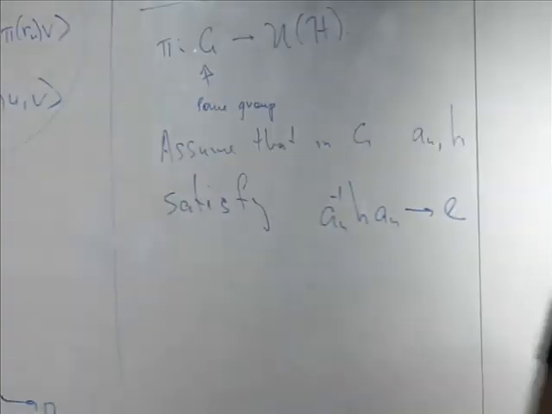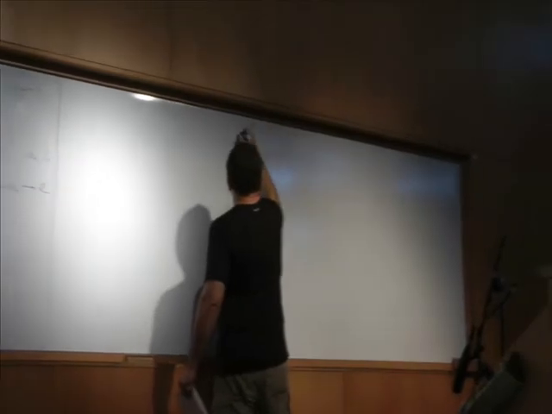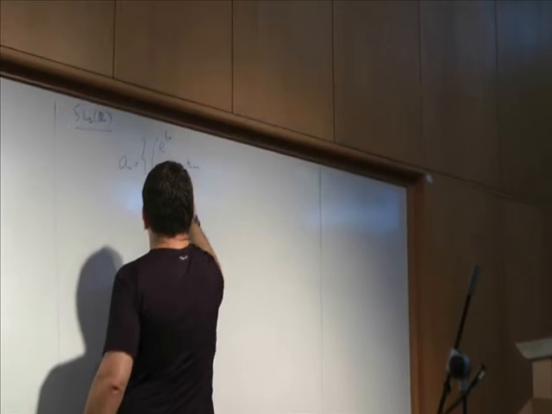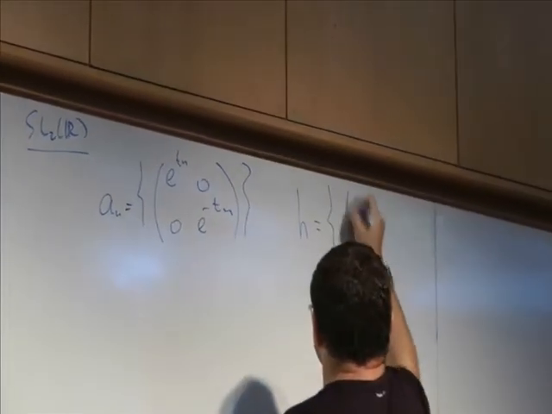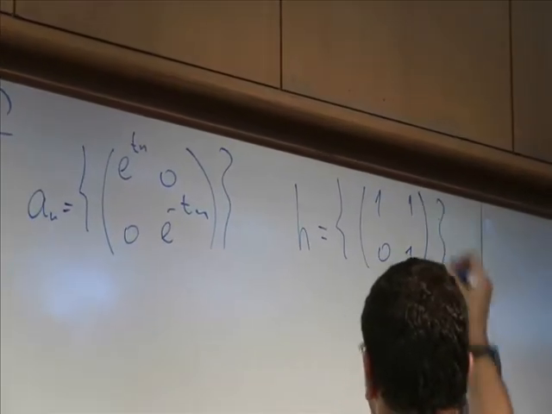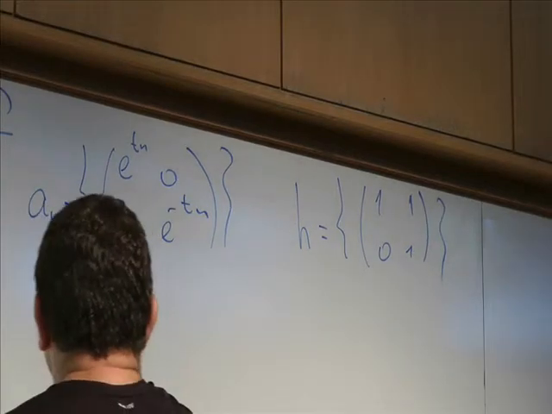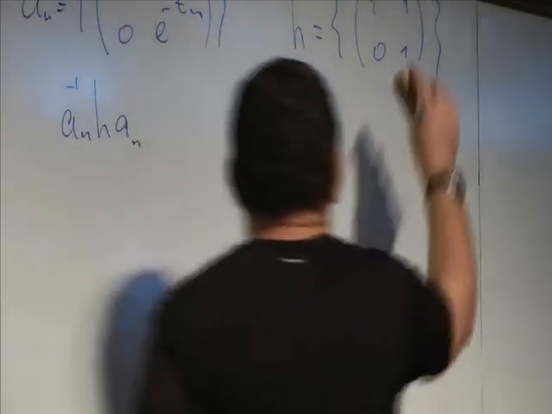So you should think of the an's as in, like, SL2R. My an's are going to be something like this. And my element h is going to be something like that. And yesterday, Manfred wrote the crucial relation satisfied by those. Well, I can put here 1 s.